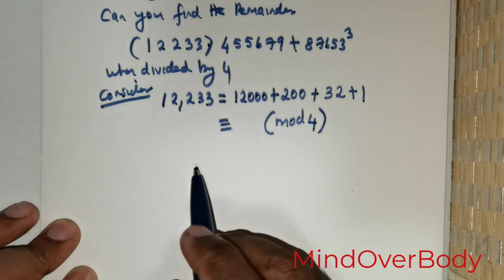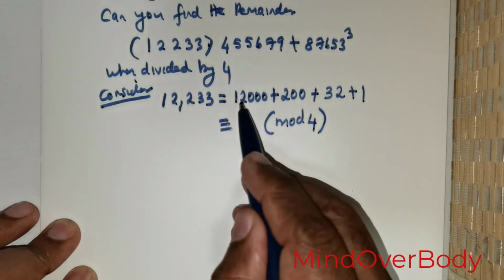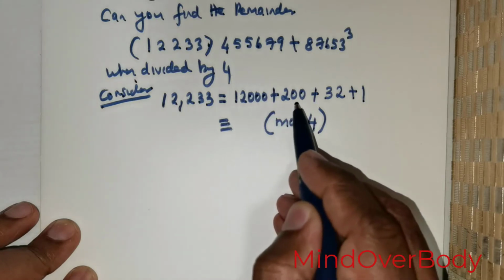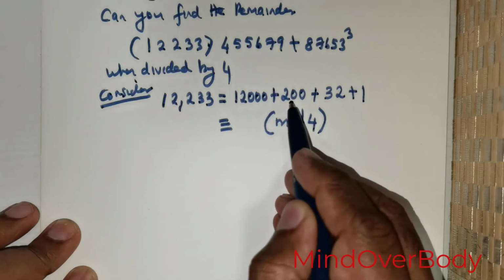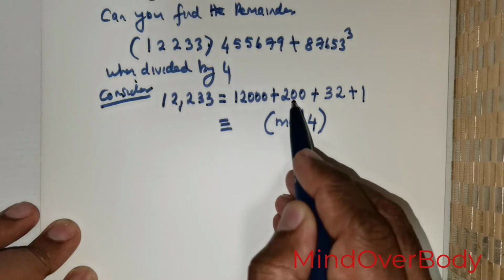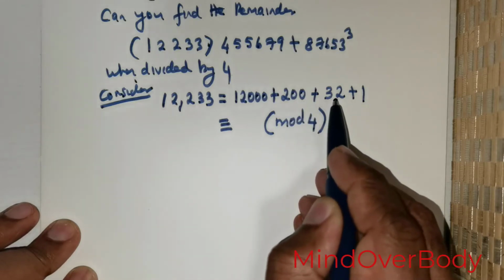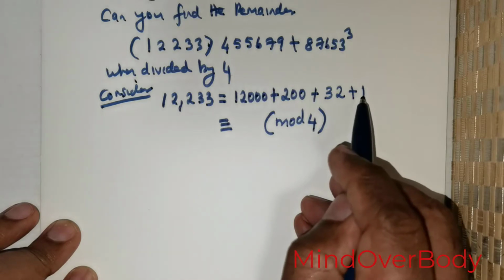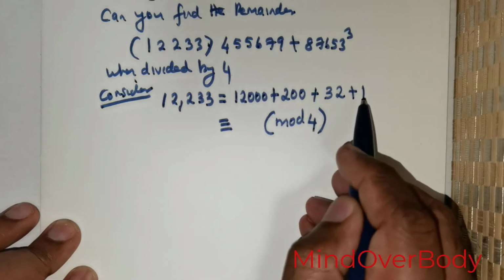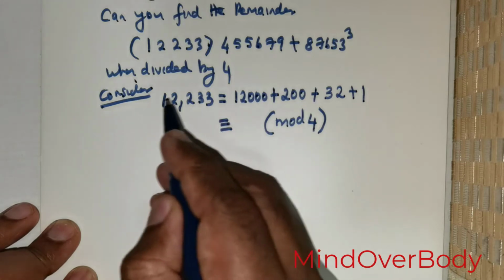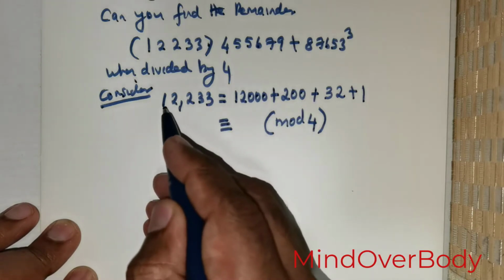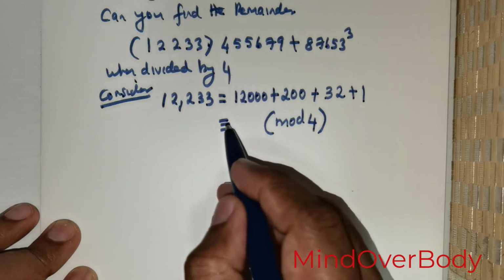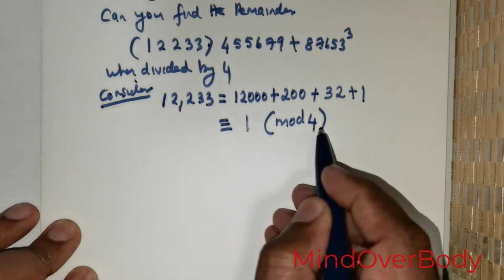So 4 divides 12,000 producing a 0 remainder, 4 divides 200 producing a 0 remainder, 4 divides 32 producing a 0 remainder, and the only thing that we see here is 1. So if I were to divide 12,233 by 4, it is going to be giving me congruent 1 modulo 4.